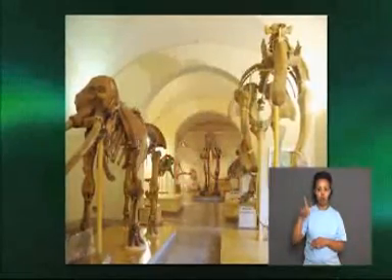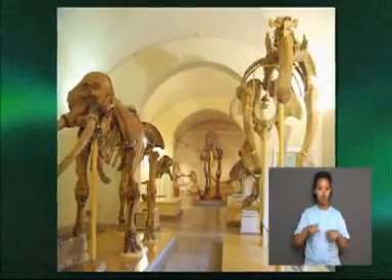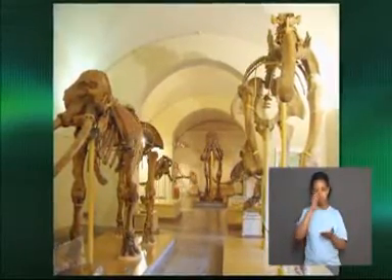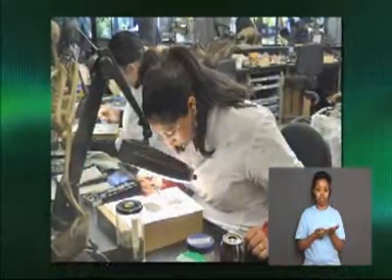Students, let us begin the class by defining the science of paleontology. Paleontology is the study of ancient life. Fossils are the main focus of this science, as they are the direct link to knowledge of a past life.